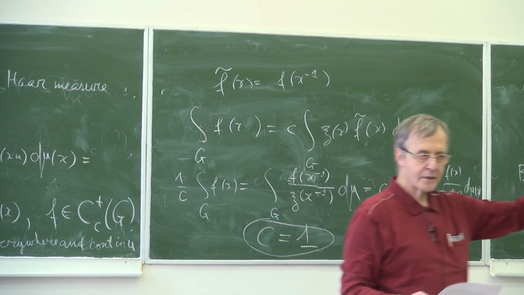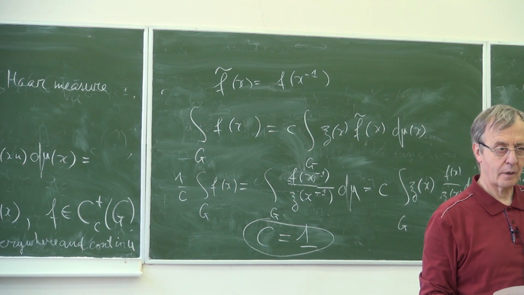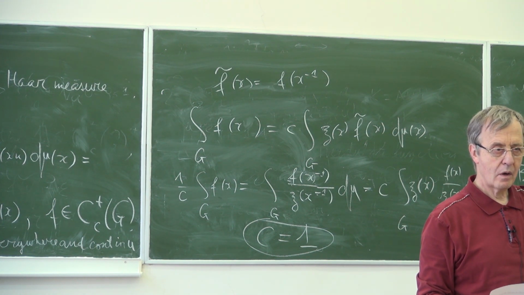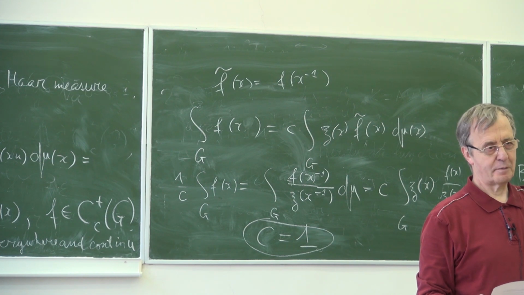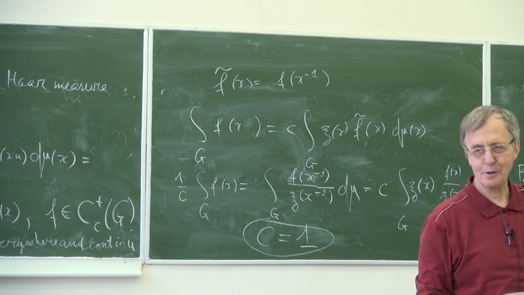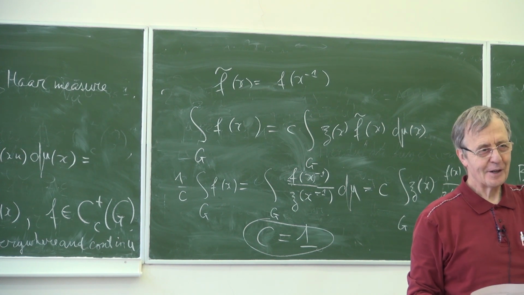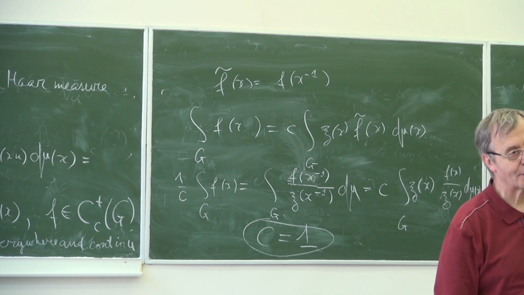So zeta of x is equal to 1 over zeta of x to the power minus 1. I want to know what it is in the case when G is compact. It is equal to 1. Sure. Always, because every right invariant measure coincides with every left invariant measure. So in the case of a compact group, it's equal to 1 identically.